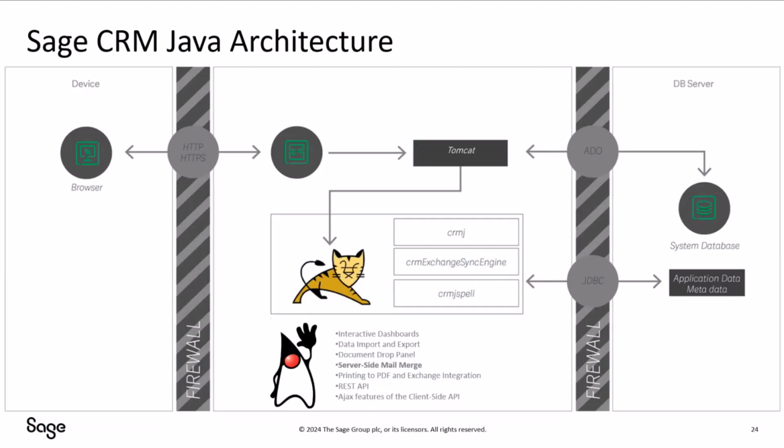But once we have understood that we've got these two sources, the template and the data view, providing the information that we need, the merge is being managed by a web app within the Java part of Sage CRM's architecture. And because the merge is taking place on the server, there are no text files or cookies being passed up into the browser until you've completed the process, and then you have the option to download the completed file.